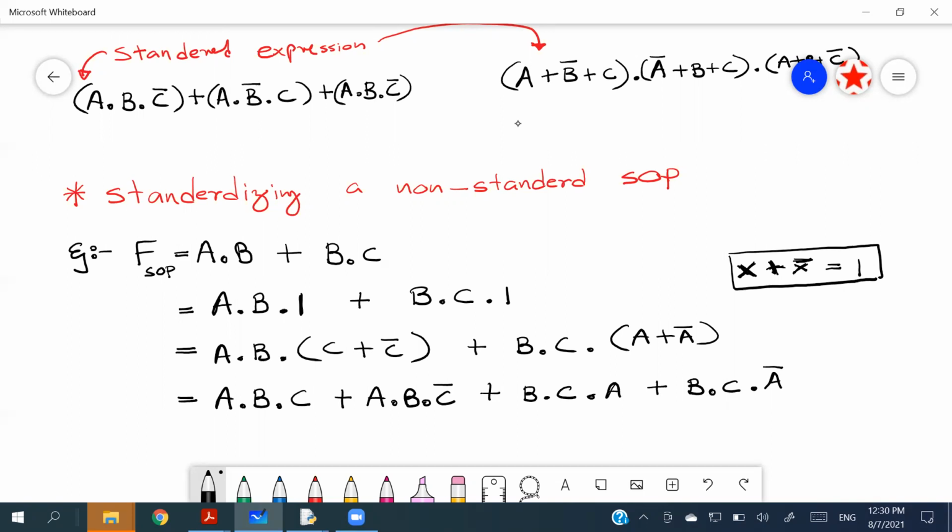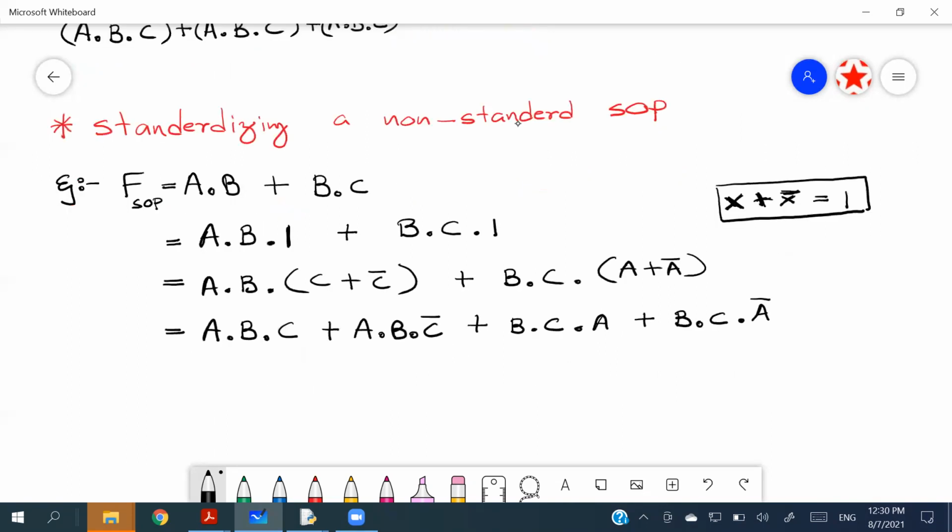Now if you consider the expression that we got here, it has 4 terms and each and every term contains A, B and C. So it has been standardized, right? But still there is some work to do. Sometimes you can finalize your answer from this step. But if you look closely, this term and this term represent the same thing. This is ABC and that is BCA. We know it can be changed using the associative laws.